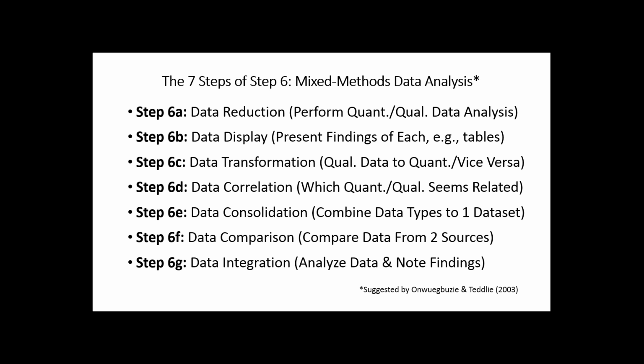Both data sets have to be put into one database so we can look at them together, which occurs in 6F. Step 6F, data comparison, where we're comparing the two forms of data. And then finally, step 6G, which is data integration. That's where we're doing the data analysis based on both sets of data.